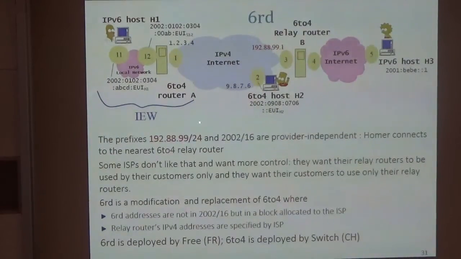For example, this one is not a predefined address, but is an address that belongs to the domain of the ISP. So if you are Swisscom and you provide 6RD, then you will not use a default address like this one, but an address that is known only to Swisscom and to Swisscom boxes.